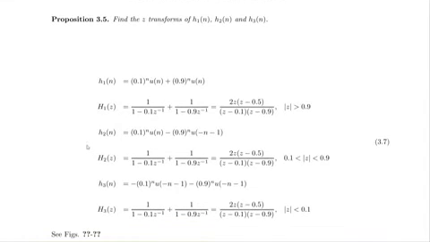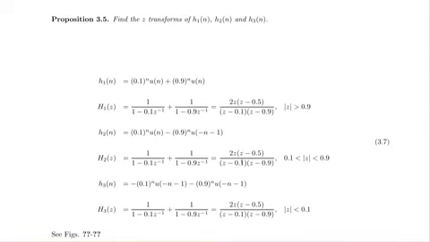Now, for the next system, H2 of n, this time, please be careful. The first part is similar, right-hand sided, but the second part is left-hand sided. Okay? So, what will be the transfer function?